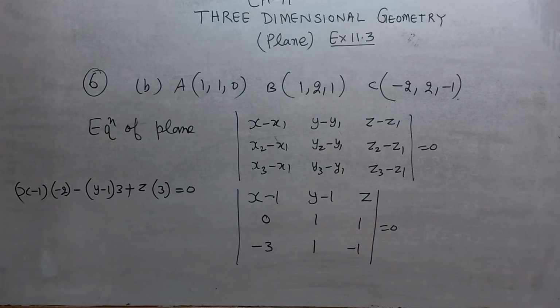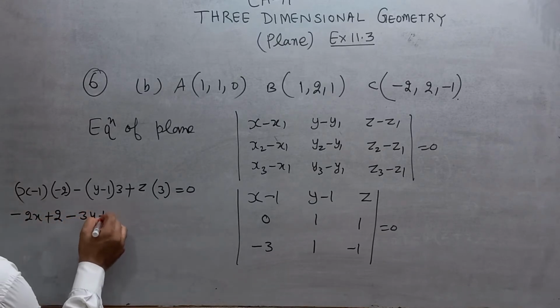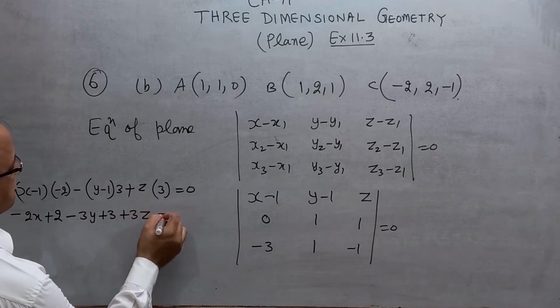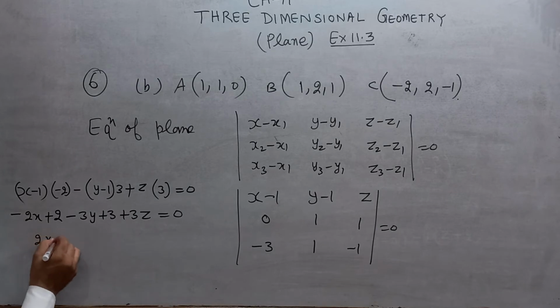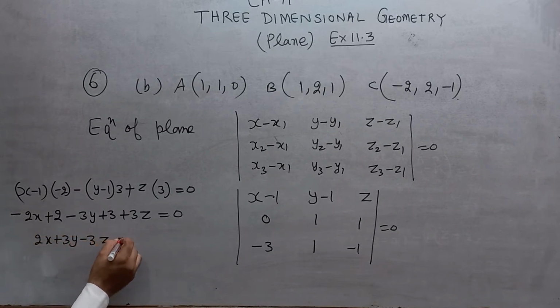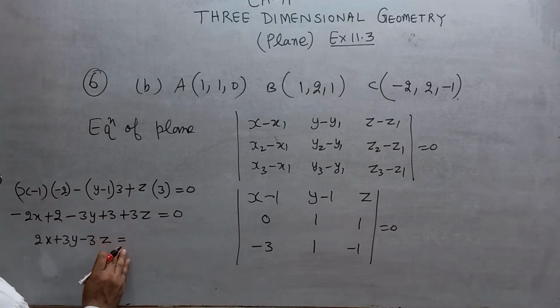Clear? When you simplify, minus 2x plus 2 minus 3y plus 3 plus 3z is equal to 0. Therefore, 2x plus 3y minus 3z is equal to 3 plus 2, 5, minus 5, correct?